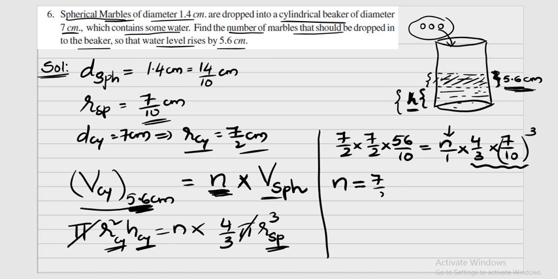Then 7/2 into 7/2 into 56/10 into, this 4/3 becomes 3 divided by 4, into 10/7 into 10/7 into 10/7.